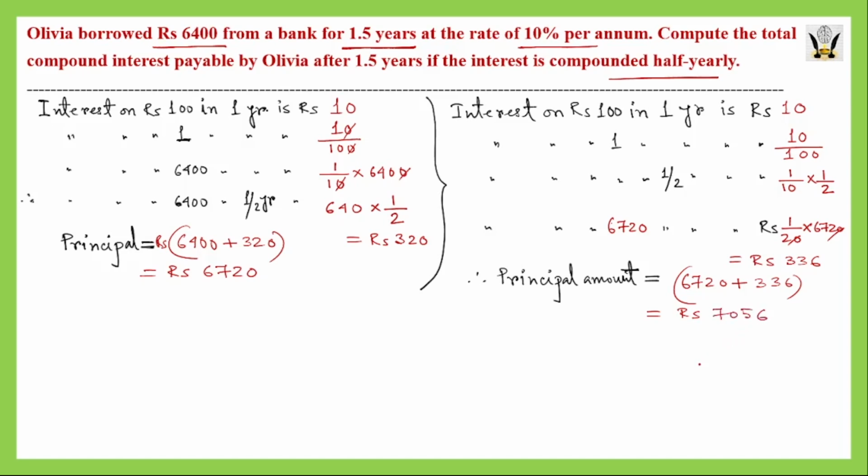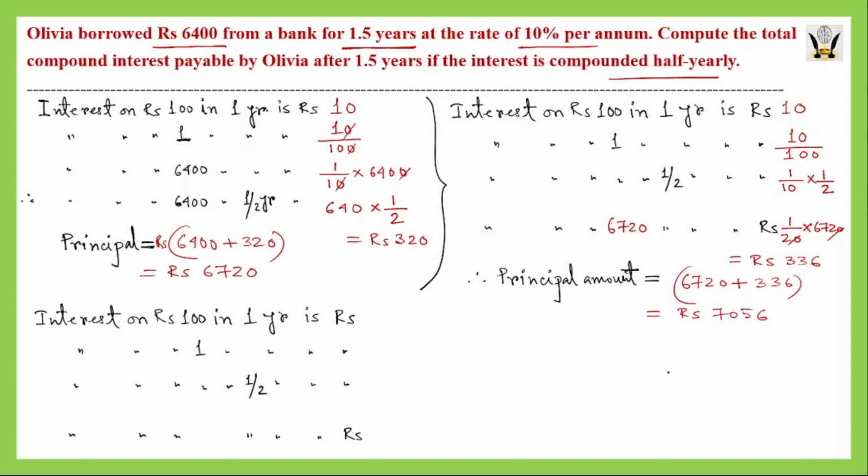And now on that principal amount we have to find the interest for another 6 months. So again the procedure will be the same. So on rupees 100 in 1 year, the rate of interest remains the same, and that is 10. So here rupees 10. Then for rupees 1, the interest will be 10 divided by 100, and that is for 1 year.